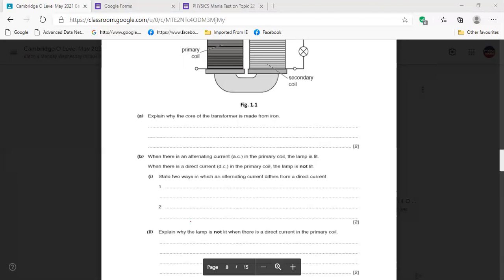EMF is sometimes becoming zero, sometimes it is maximum, sometimes it is minimum, and sometimes it is in between, right? The values are varying from zero to maximum, again maximum to zero, again from zero to maximum. This way it's going, isn't it? Yes, sir.